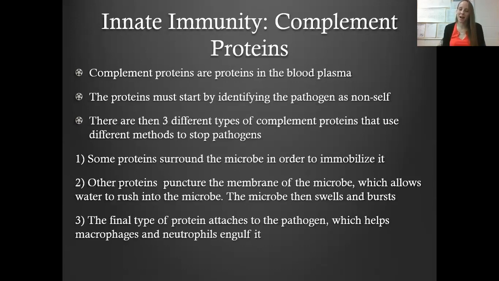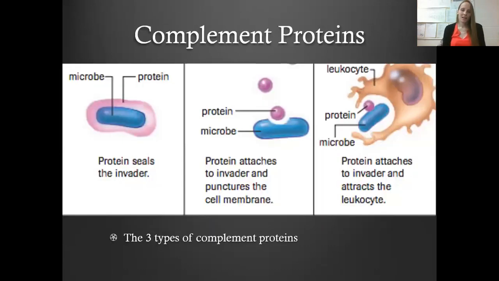And again, the macrophages or the neutrophils will come and eat it. So yeah, these are our 3 different options. So either completely surround the microbe, which inactivates it until something can come and take care of it, or it punctures a hole in the microbe, or it latches onto the outside and just waves over a neutrophil or a macrophage to eat the microbe.